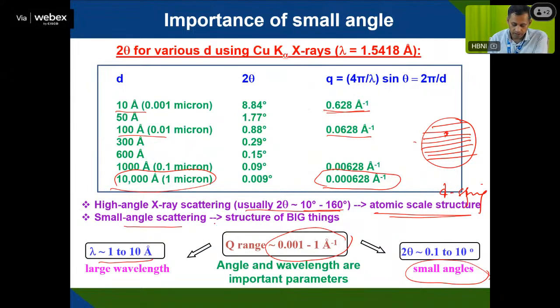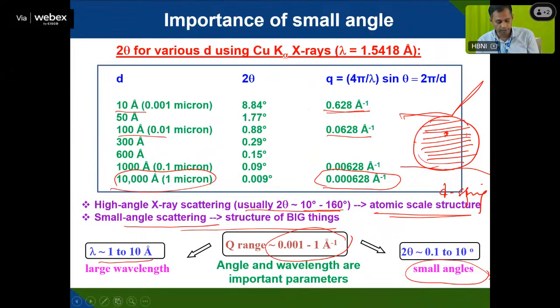But if you go to small angle X-ray scattering, you will be able to see the whole thing, because here the diffraction beam is coming like this. If you see the whole nanoparticle, the diffraction is mainly from the top surface, the surface of the nanoparticle. So you will be able to get the big structure.